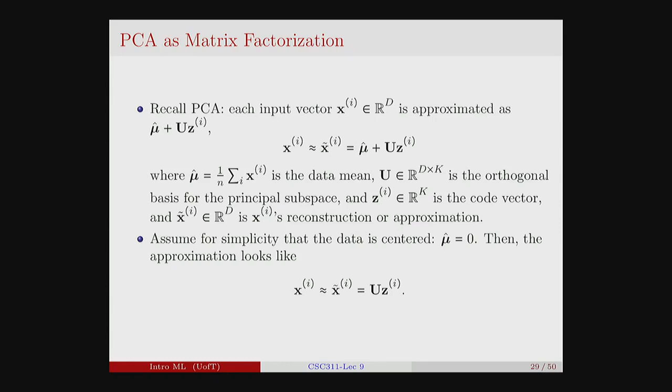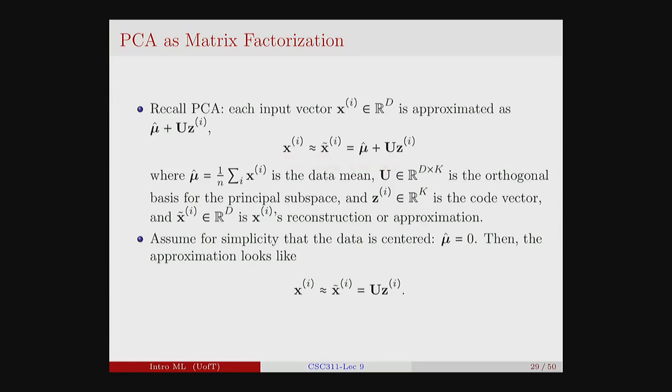And so what does that have to do with anything we've studied so far? Let's try and move from the algorithm that we learned about in the last hour, PCA, to a more general algorithm called matrix factorization. So in PCA, each input vector was being approximated as its reconstruction, which was equal to the mean plus U times the code vector.